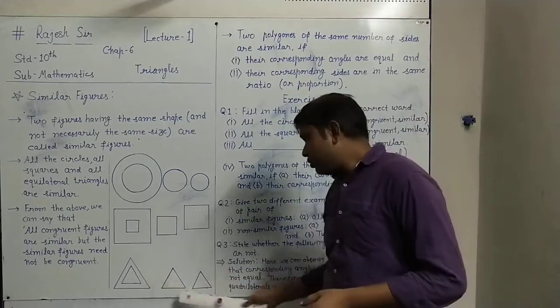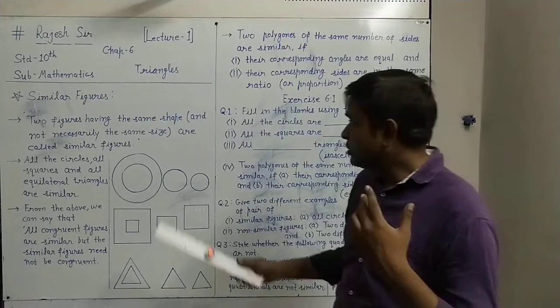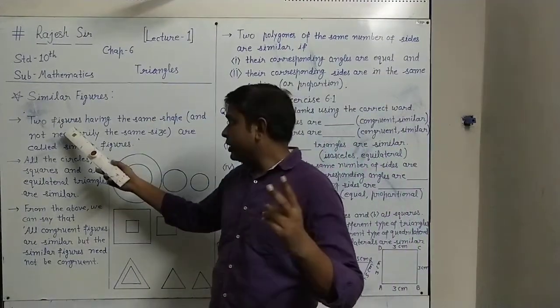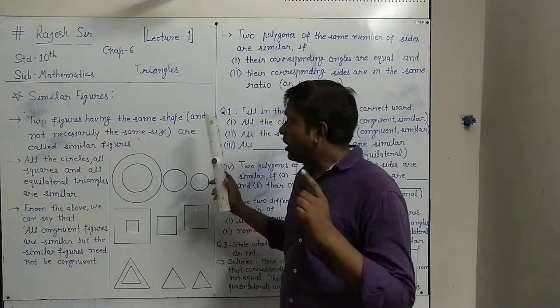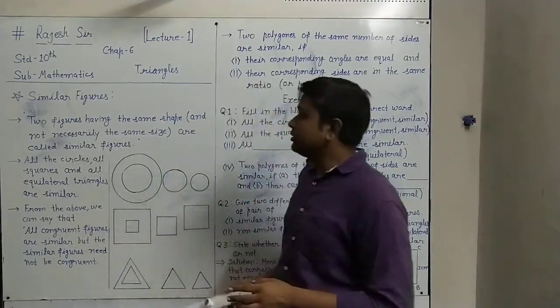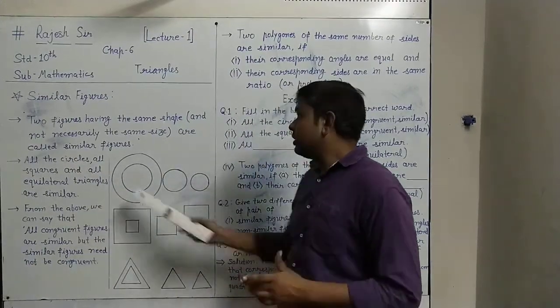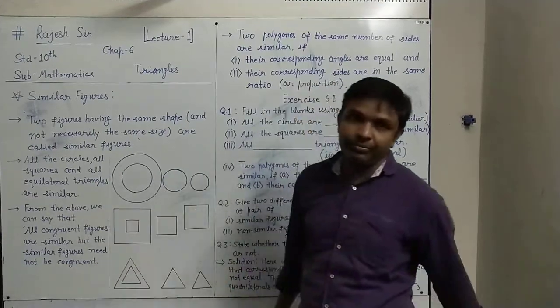So all the equilateral triangles are also called similar figures. So, the two figures having the same shape and not necessarily the same size are called similar figures. All circles, all squares, and all equilateral triangles are similar.